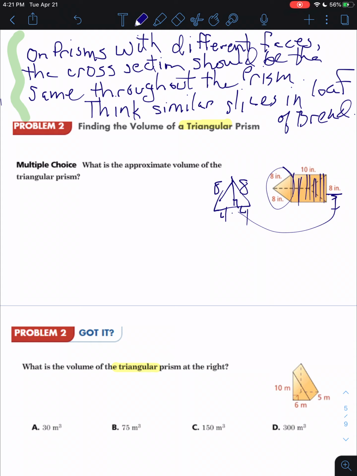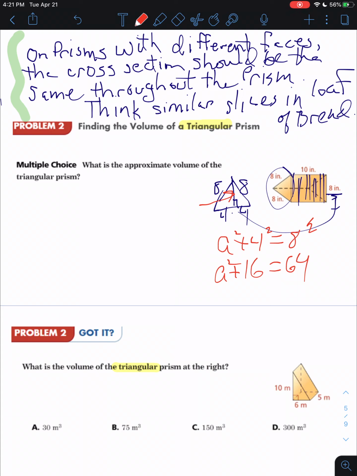Now if I'm trying to find the altitude, which would be, in our case, the height of this base, if I tried to find this piece right there, I'd be using the Pythagorean theorem, which would be a squared plus 4 squared equals 8 squared. And 8 squared is 64 equals 4 squared is 16 plus a squared.